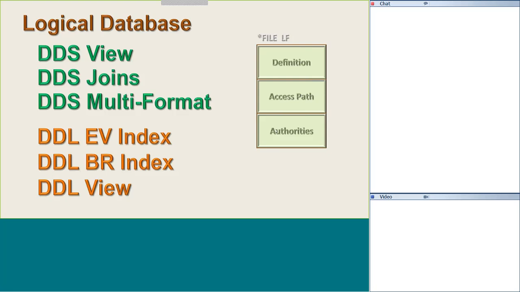So what's happened is that they are annexing a large chunk of available disk space to house the definition, access path, and authorities for a file that is used once a year.